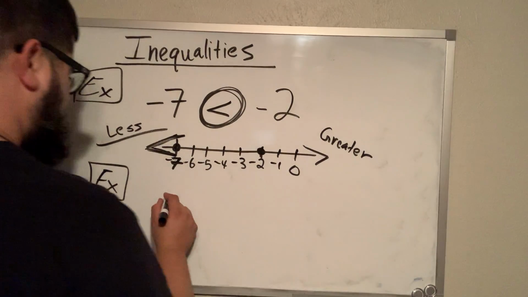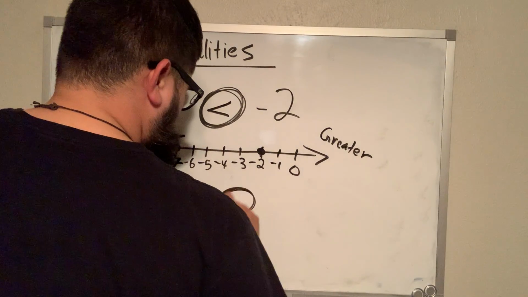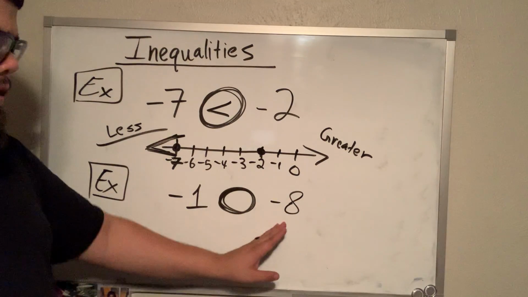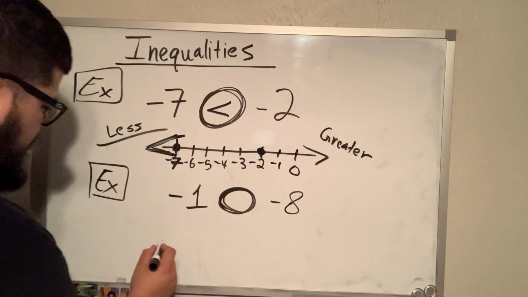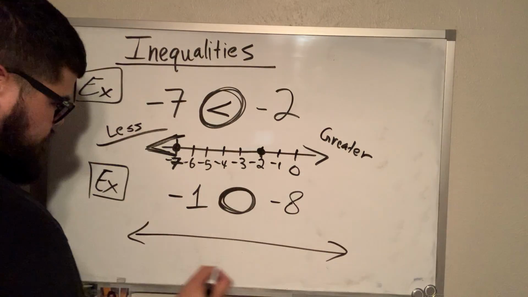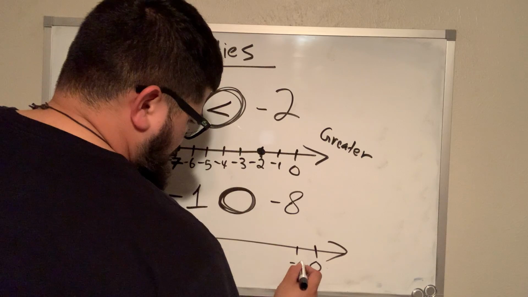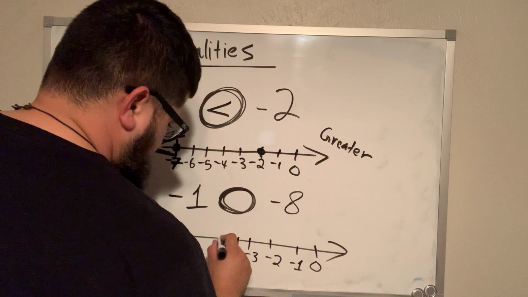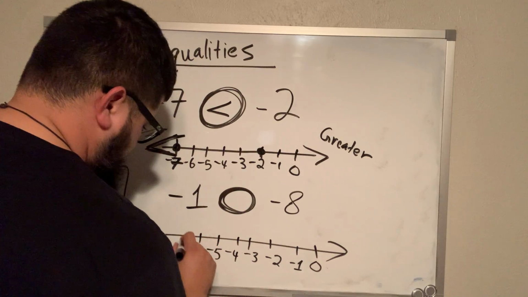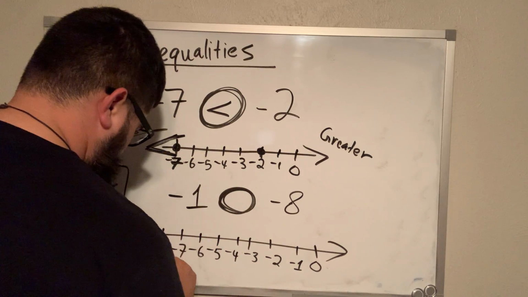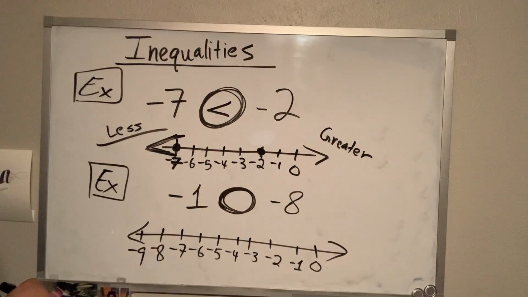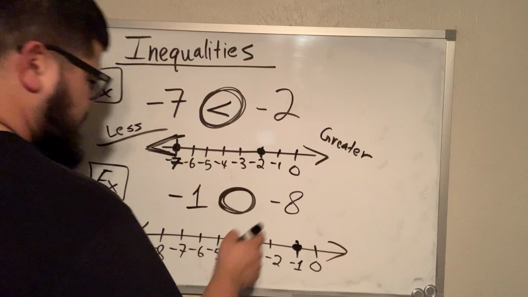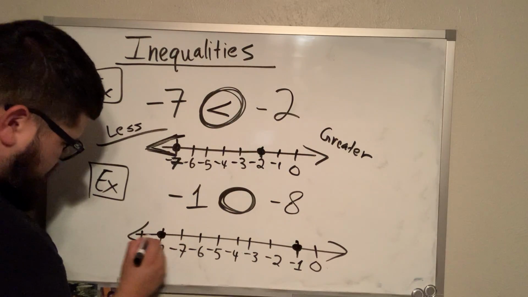So I move on to our next example. Let's do -1, -8. Again, number line. 0's here. -1, -2, -3, -4, -5, -6, -7, -8, -9. Let's go ahead and plot these. -1, it's right here. -8, it's right here.